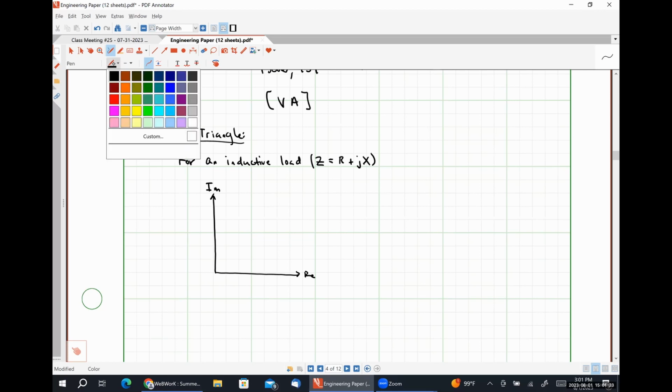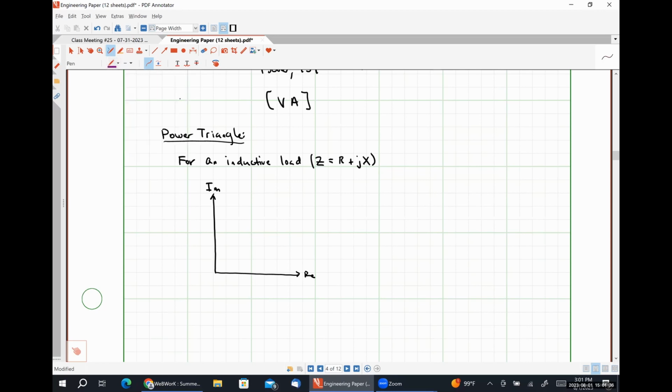Our complex power S, let's put it in purple here, is here. The projection of S onto the real axis is our average power. The projection of S onto our imaginary axis is our reactive power.